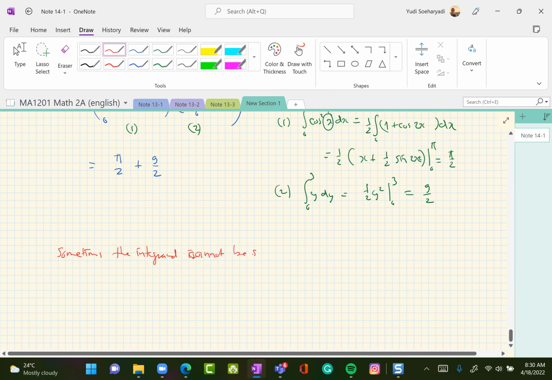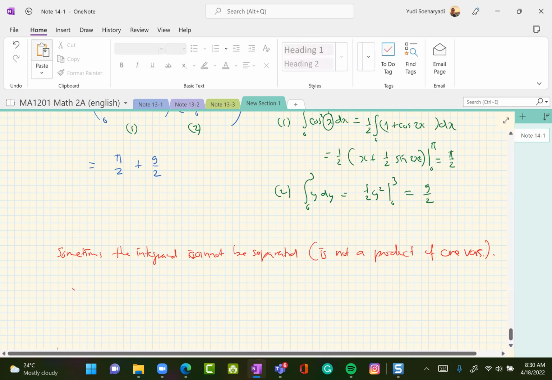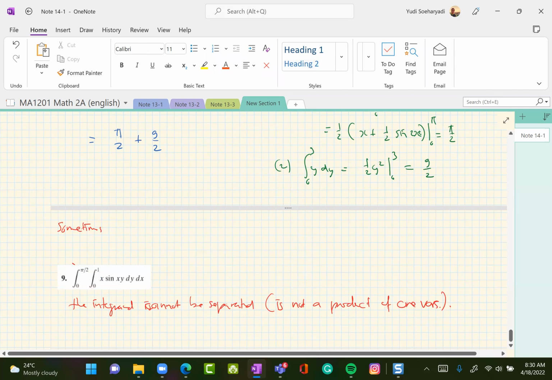It cannot be separated. It's not a product of one-variable functions. So this is the example.